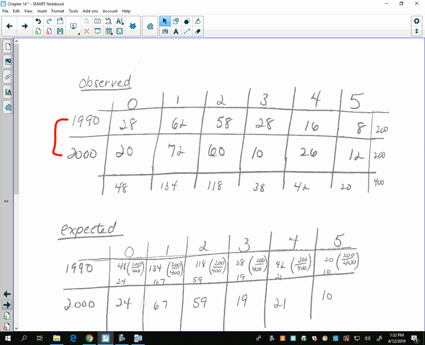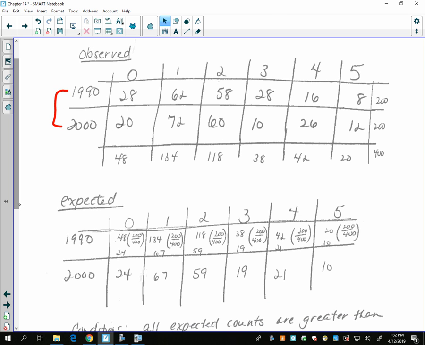Now, the expected cell counts, we went over this in much more detail in the association, but basically what's happening here is you're trying to get the proportion of people that are in 1990 out of the total. So that's 200 over 400, and in 2000 it's 200 over 400.